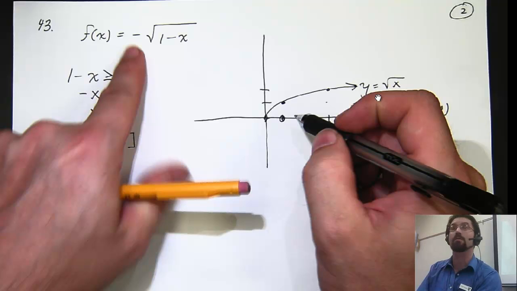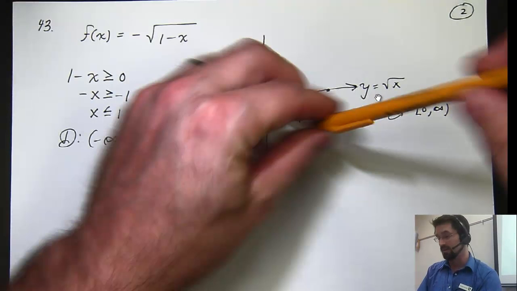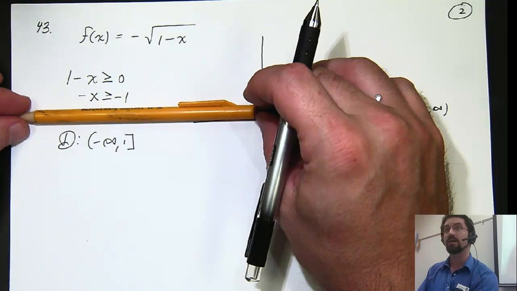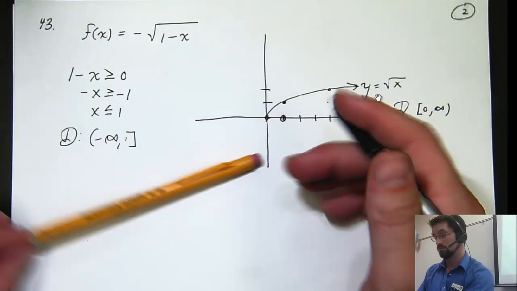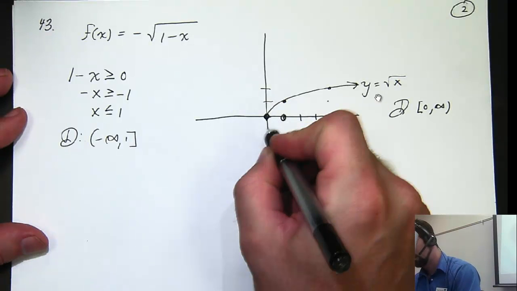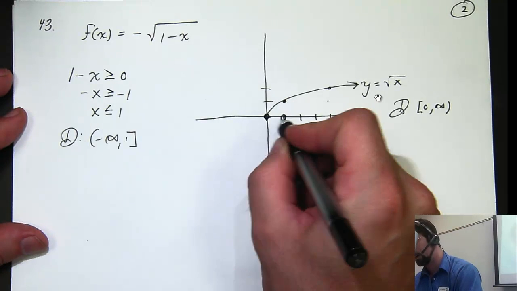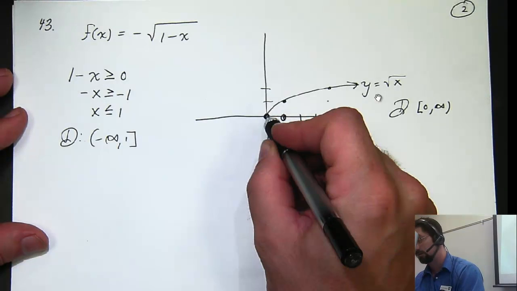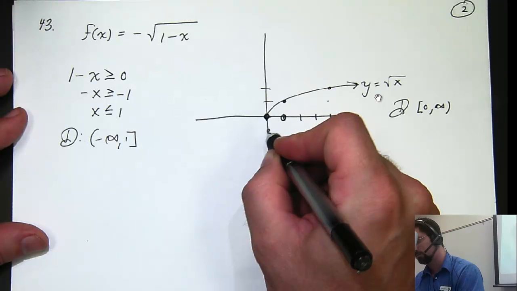However, we still haven't dealt with this negative outside. So the negative inside kicks it over. The negative outside flips it down. So actually it's going to come out to this nice little function. Instead of going up 1, and the square root of 1 is 1 backwards, we're going to go the square root of 1 is 1 down.